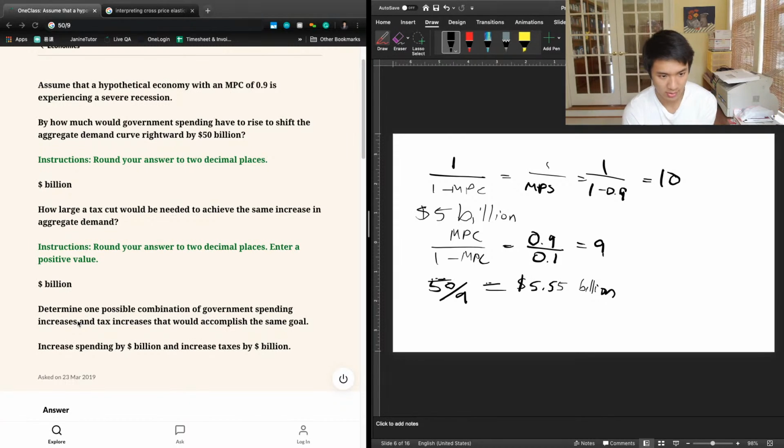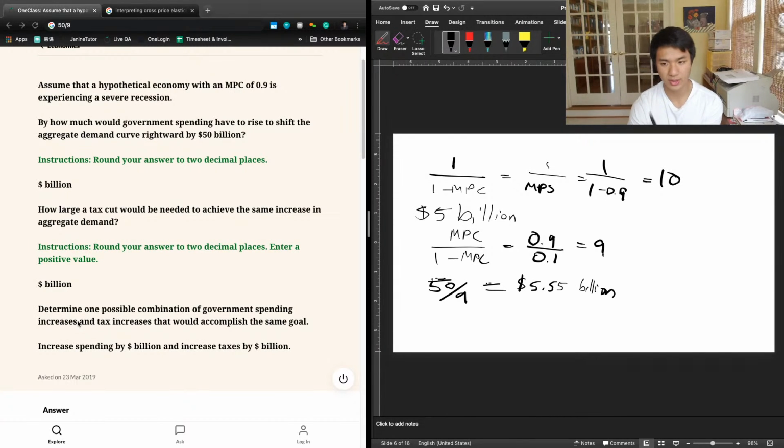Sorry, for every dollar we increase taxes, we would see a $9 decrease in aggregate demand. But if we use that dollar through some other form of government spending, then we would see a $10 increase in aggregate demand. So a total increase for that one exchange where we increase taxes by $1 and we increase spending by $1 is going to be a $1 increase in aggregate demand.